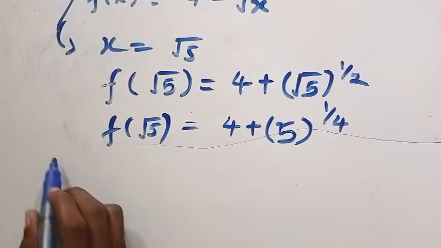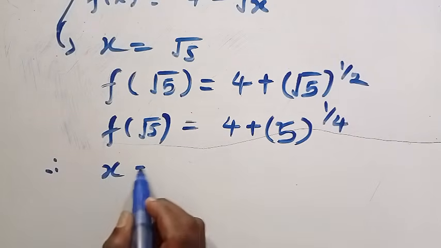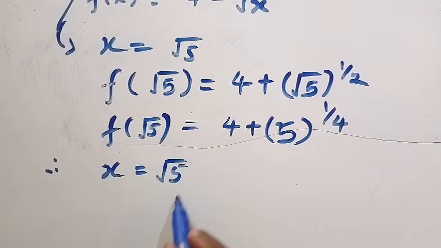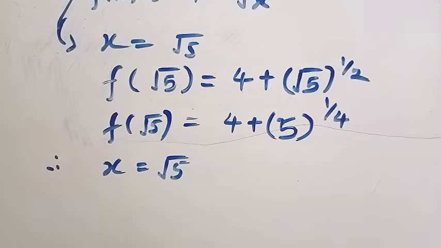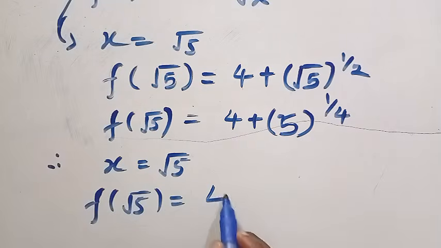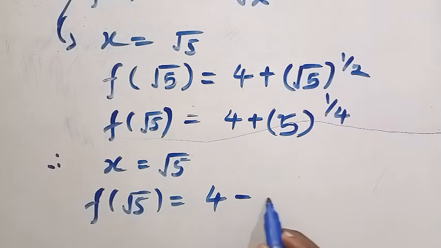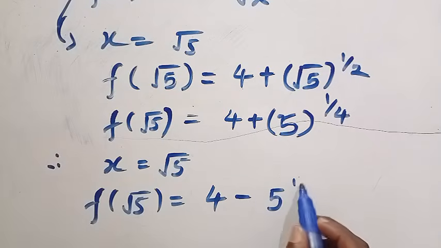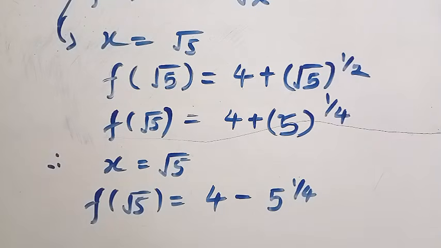And again, if x equals root 5, considering the negative part, we have f of square root of 5 equals 4 minus 5 raised to the power of 1 over 4, just as we got above.